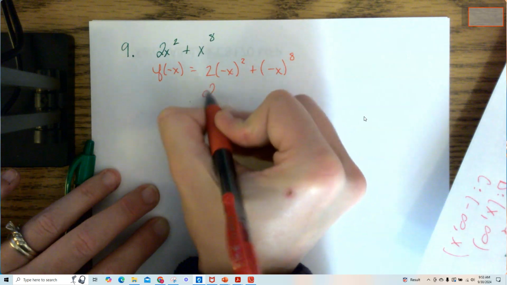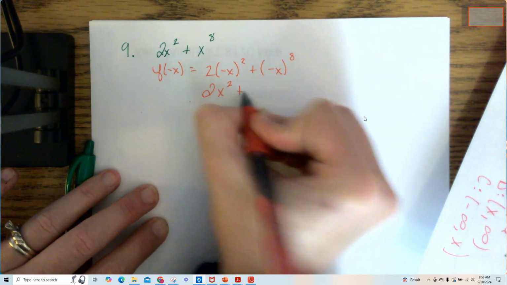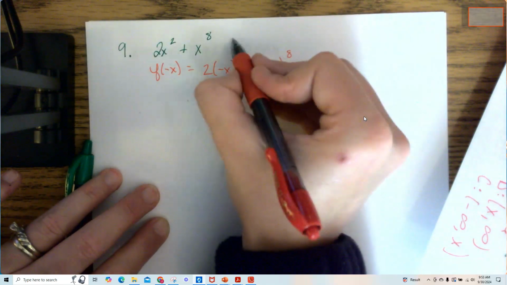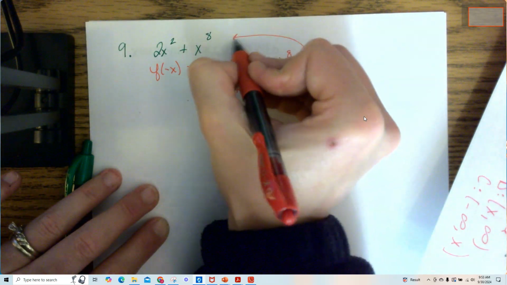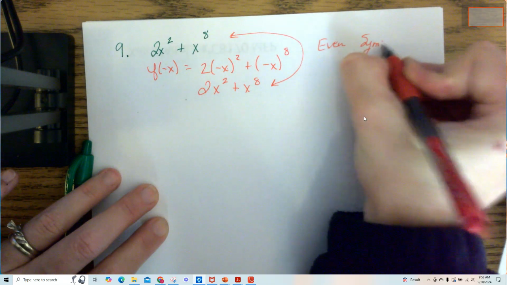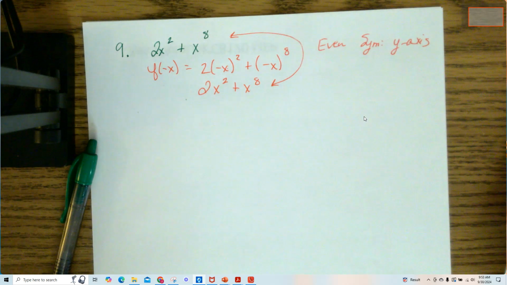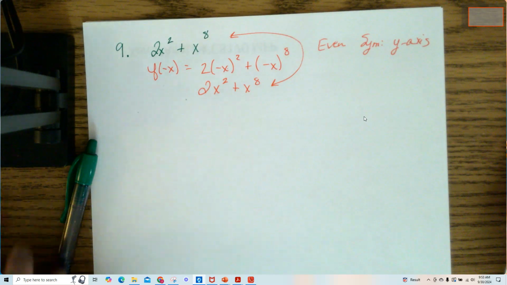Because the exponent is even, the answer is going to be even. So same with this one. So if these two match, we have an even function, and it's symmetric to the y-axis. Any other different ones on that?